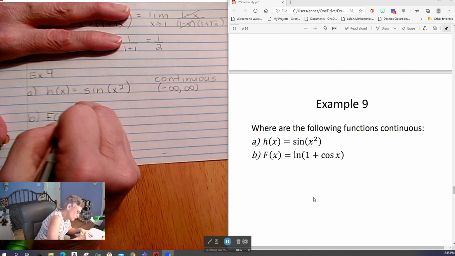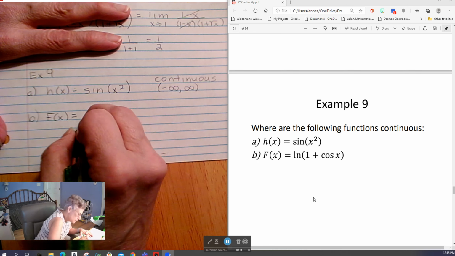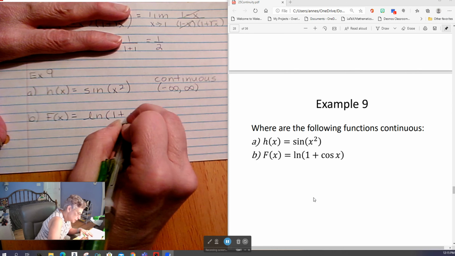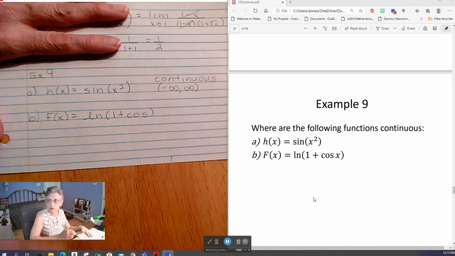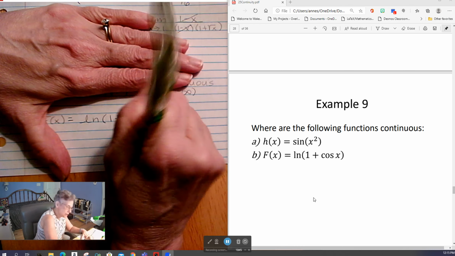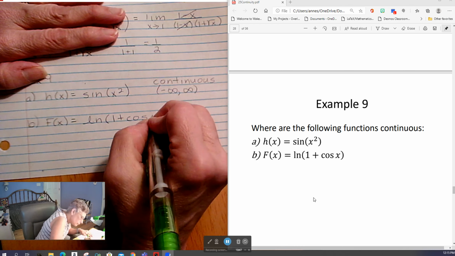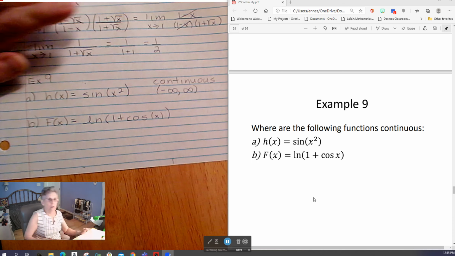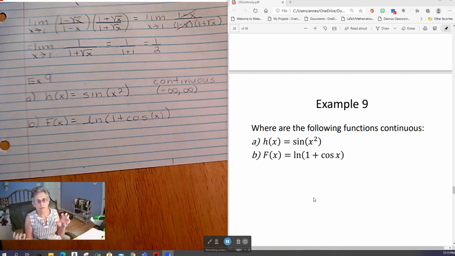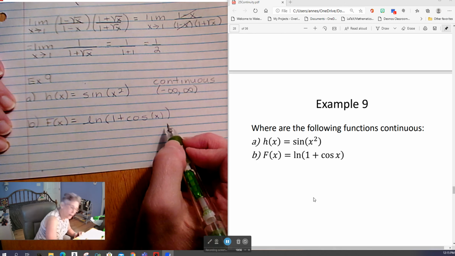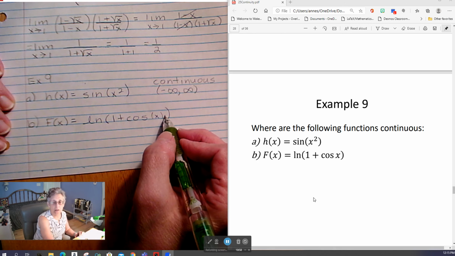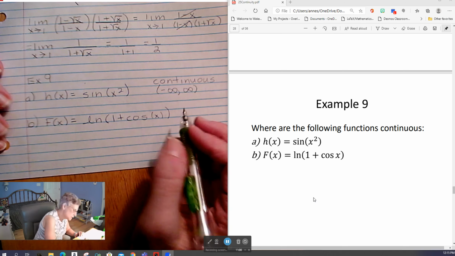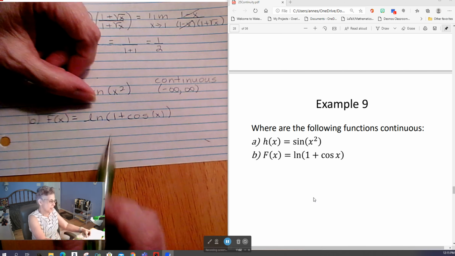Capital F of x, fancy, is natural log of 1 plus cosine of x. Cosine's got to have an input. So where is the inside function continuous? Well, it's continuous everywhere because cosine is continuous everywhere and 1 plus cosine is continuous everywhere.